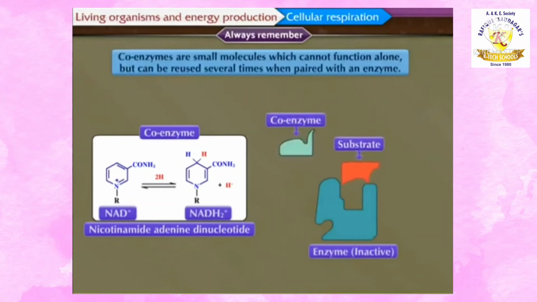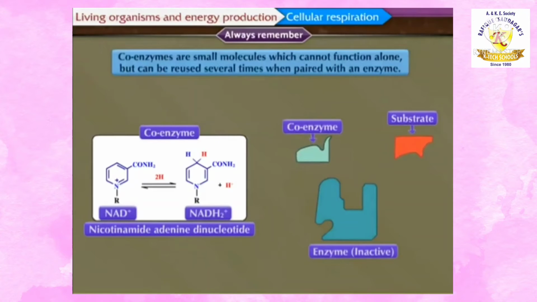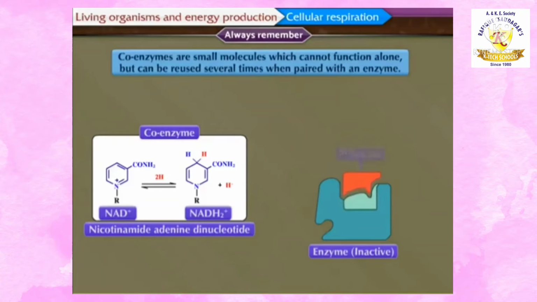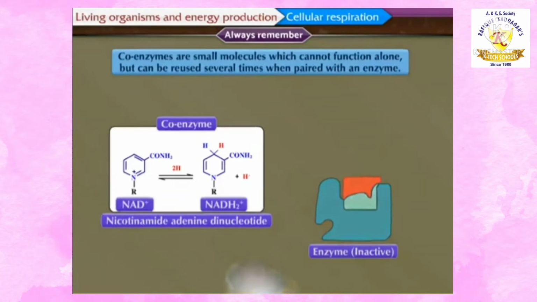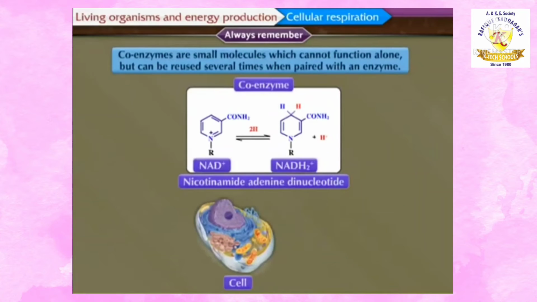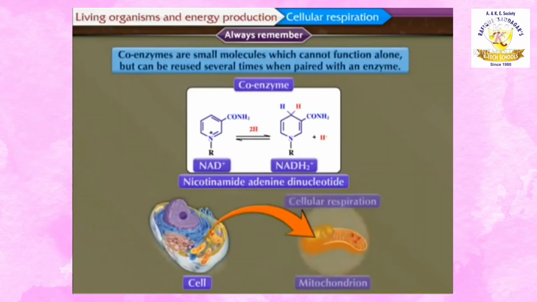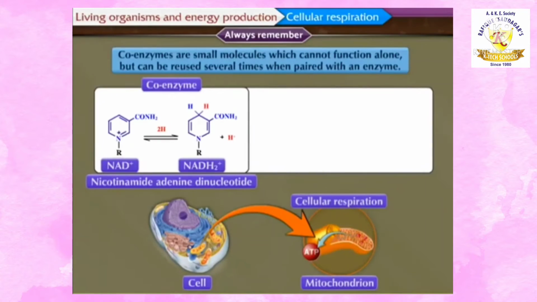Coenzymes are small molecules which cannot function alone but can be reused several times when paired with an enzyme. Okay, so these are present in the cell, and both are used in cellular respiration.